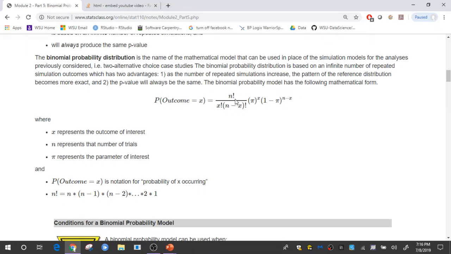What 4 factorial stands for is we would just take 4 multiplied by 3, multiplied by 2, multiplied by 1. So we just go from that value all the way down and multiply those together. Pi here is just my parameter of interest. N is the number of trials, and x is the outcome that I'm interested in calculating the probability of.